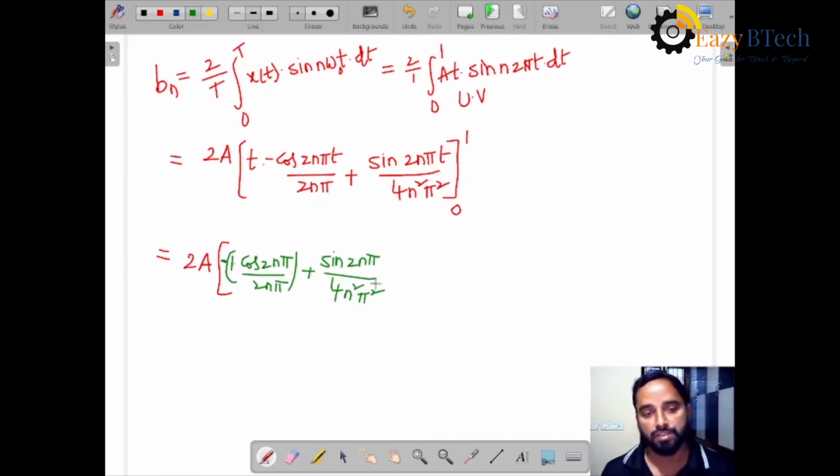This is about the upper limit. And if you take the lower limit 0, here t is 0, 0 into cos 0 is 0, sine 0 is 0. So the lower limit value is totally 0.